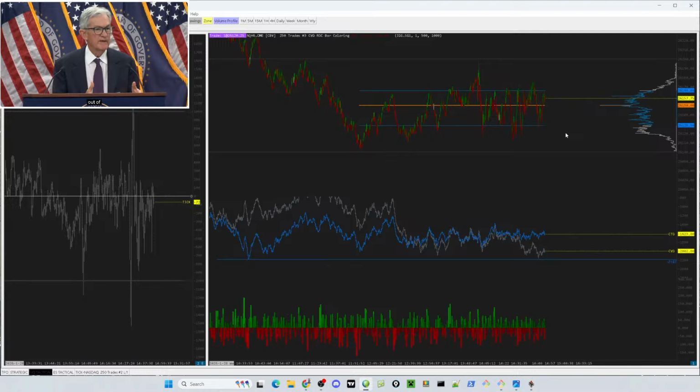For some people they think it's neutral. I think, and many of my colleagues think, it's hard to look at the incoming data and say that policy is significantly restrictive at this time. It may be loosely neutral, or it may be somewhat restrictive. It's in the eye of the beholder, and of course no one knows with any precision.